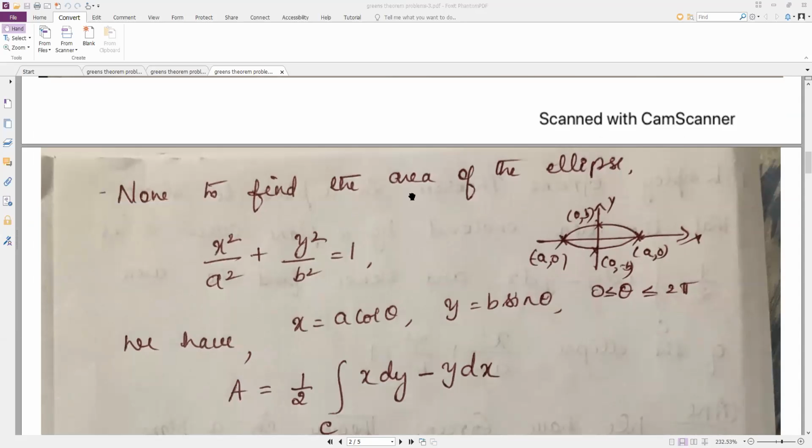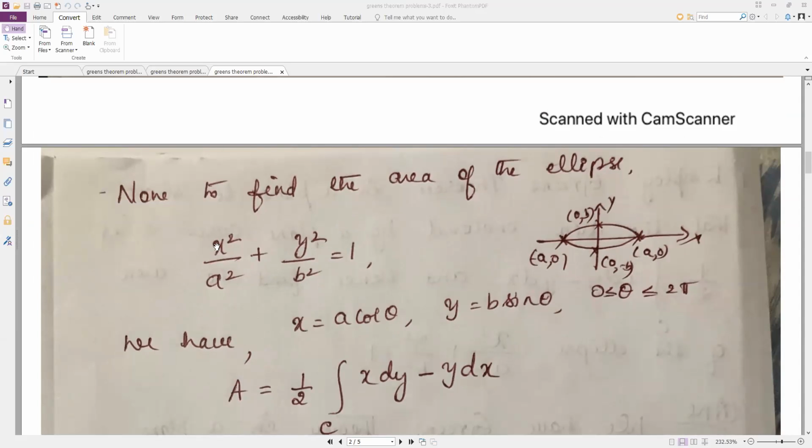Now to find the area of the ellipse. You know, the ellipse looks like this, right? So what are the boundary points of this? Minus a comma 0, a comma 0, here 0 comma minus b, 0 comma b. Now can you write down the parametric equations? Do you remember the parametric equation for an ellipse? See, when I put x equal to a cos theta, y as b sin theta, whether it satisfies, can we check here?